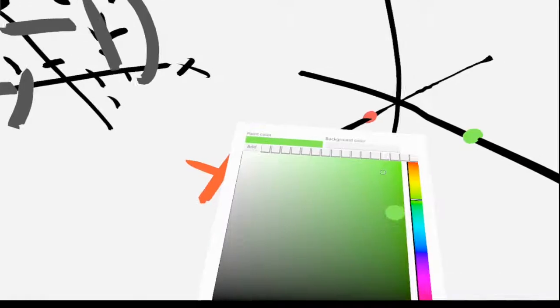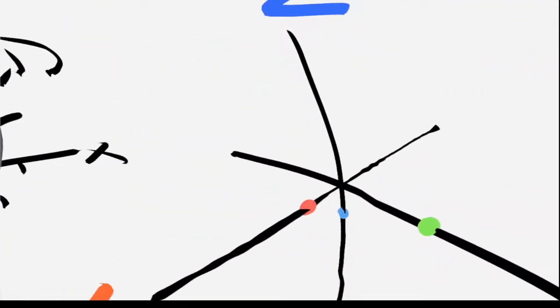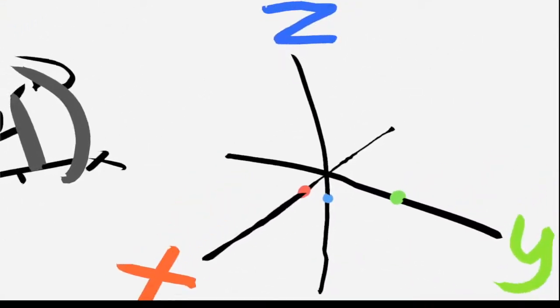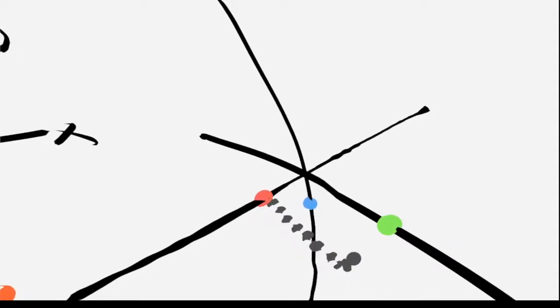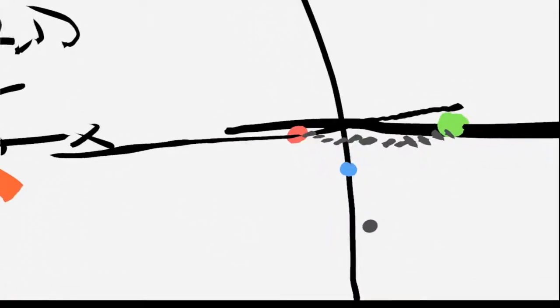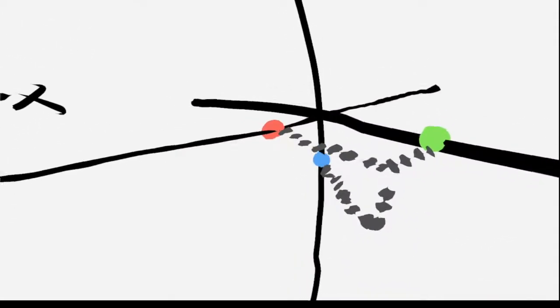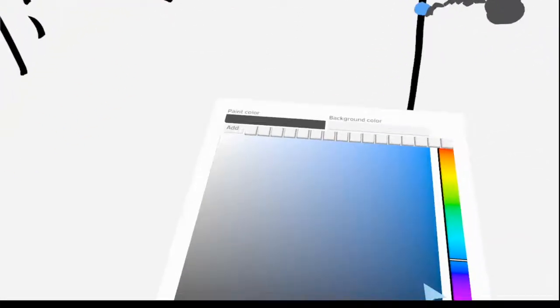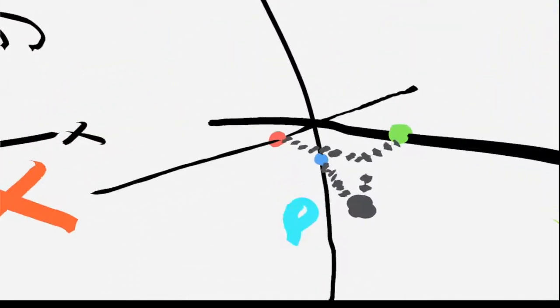And Z, -1, is going to be down here. So what we're going to do is connect all the dots, and we will be able to find out where exactly it is. Right there. That is going to be your P point. So that's how you do it.